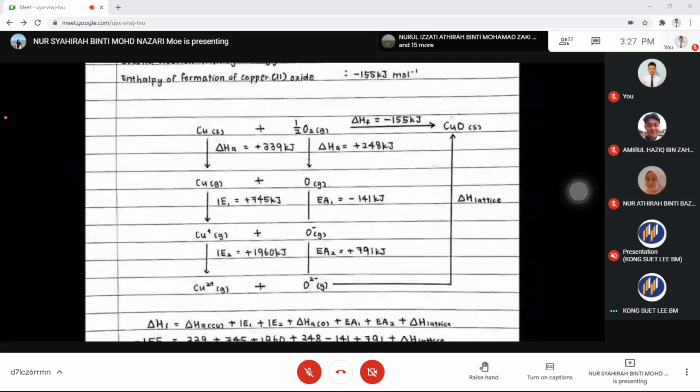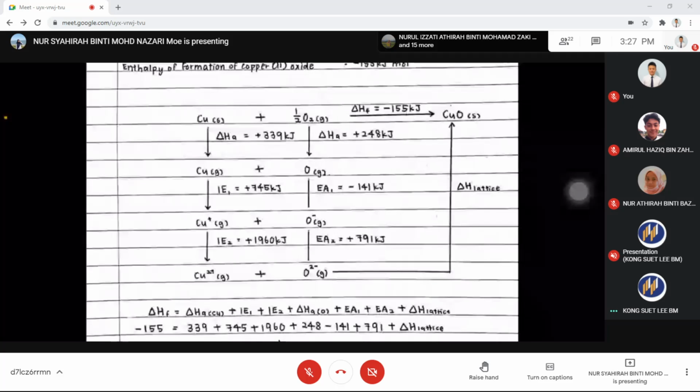Okay. First, write the equation, which is copper plus oxygen will form copper oxide. Copper and oxygen are elements.